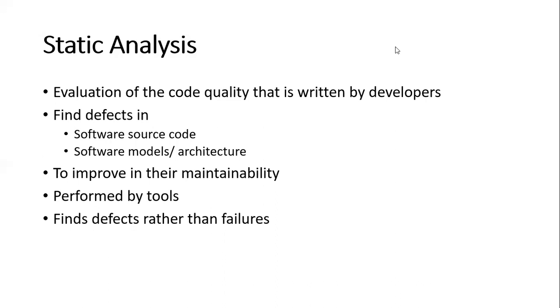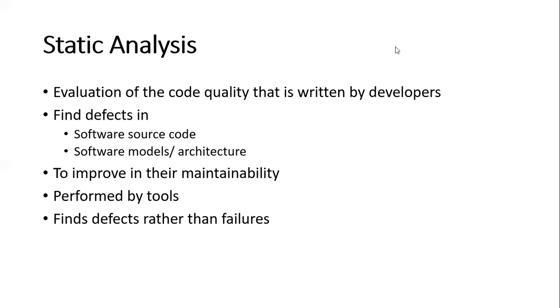Static analysis also helps the developer improve the maintainability of the code. Usually, static analysis is done by tools. If a static technique is done by a tool, it's usually static analysis.